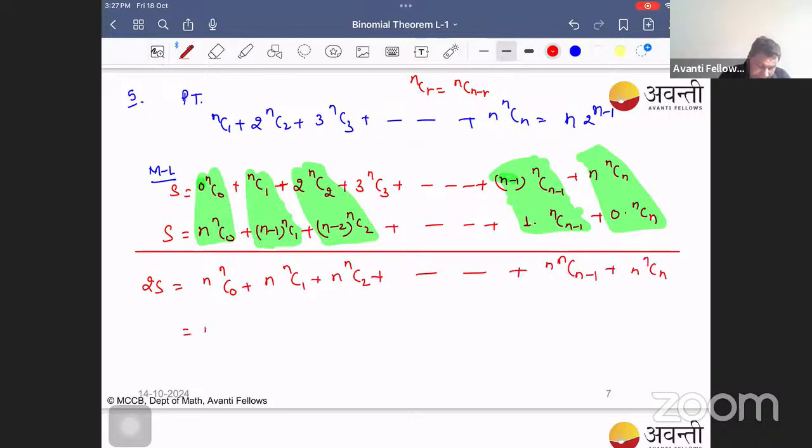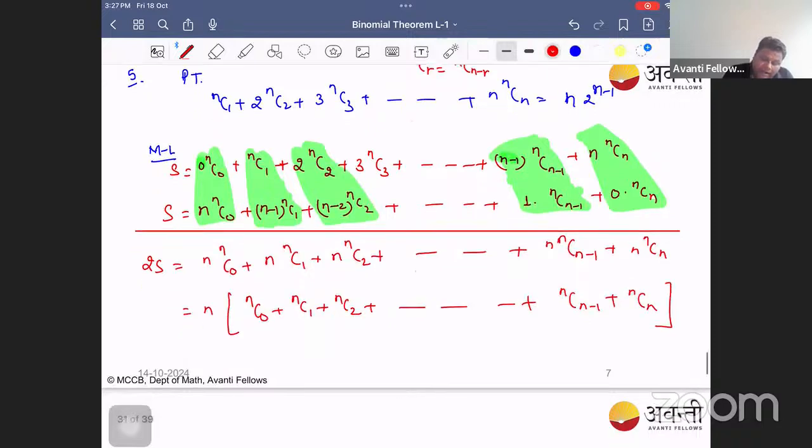Now if I take n common, you are left with nC0 plus nC1 plus nC2 and so on, nC(n minus 1) plus nCn. And the value of this, nC0 plus nC1 plus nC2 up to nCn, we just calculated it is 2 to the power n. So it is n times 2 to the power n. So this implies S will be what? Divide by 2, so n times 2 to the power n minus 1.